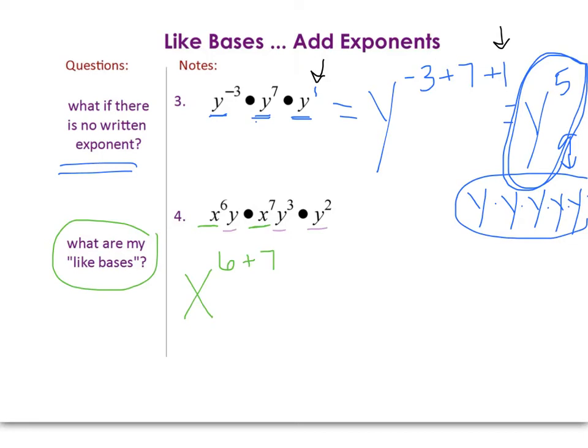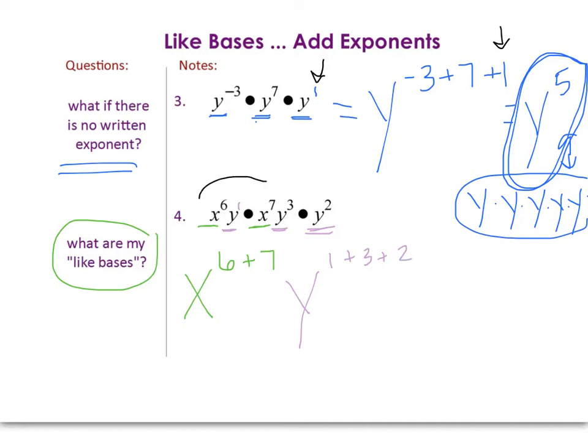When I look at my y's, I have y to the 1, y to the 3rd, and y to the 2nd, so my y's would be raised to the 1 plus 3 plus 2.